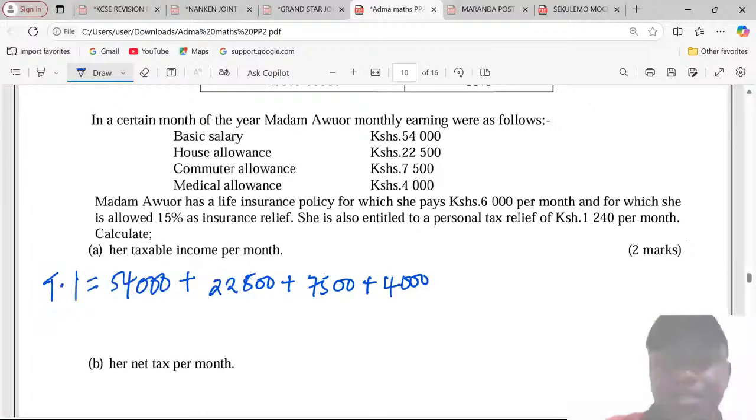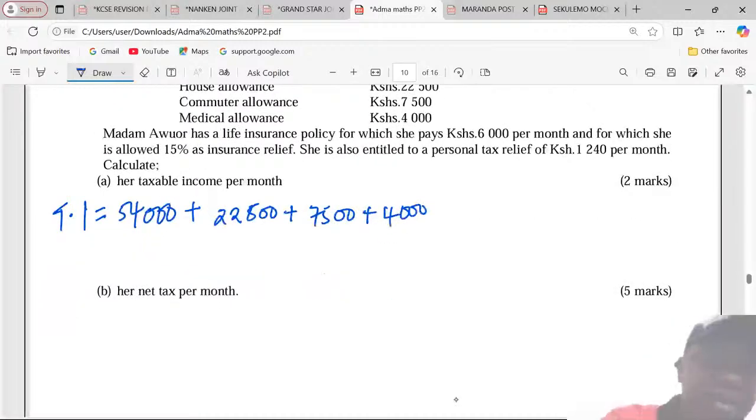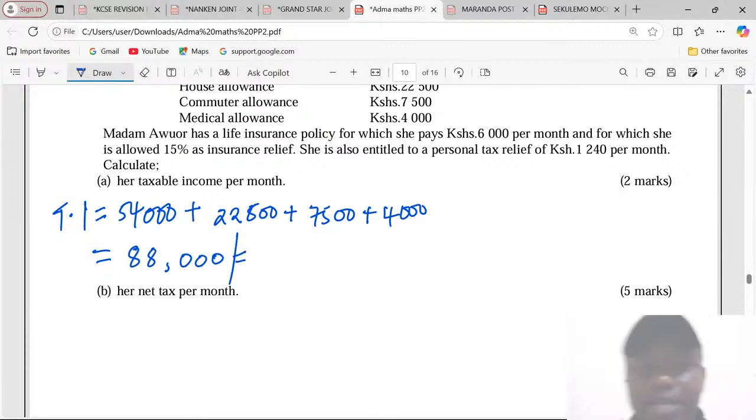We can now add this up: 54,000, 22,500, 7,500, 4,000. This is going to give us 88,000 Kenya shillings. So that is the taxable income. The taxable income has been computed now.